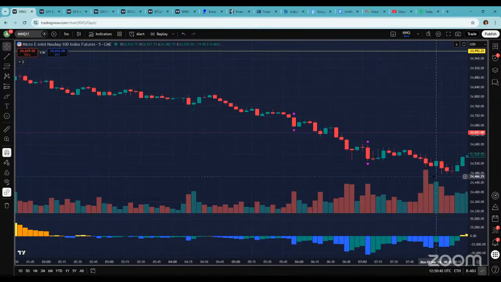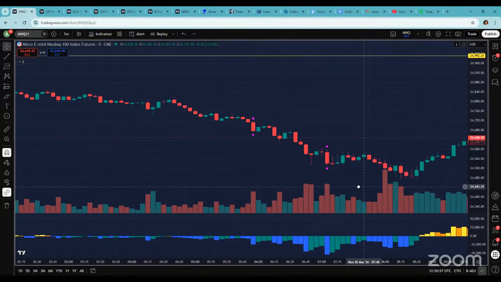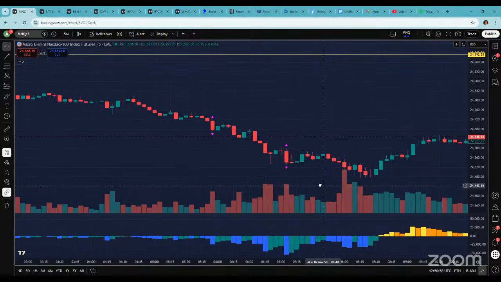Lower wicks are great, because the price support is coming in. And these two are really significant, because the selling pressure has dissipated. And then we start the climb higher, not by huge amounts.